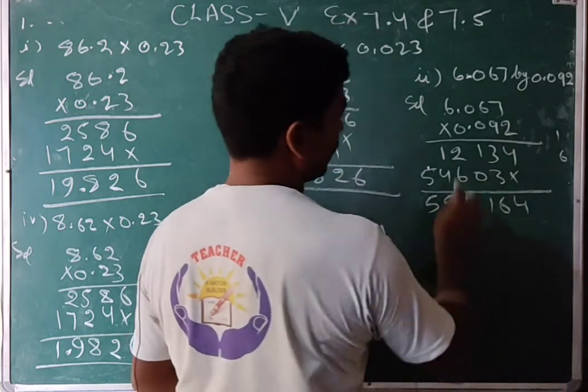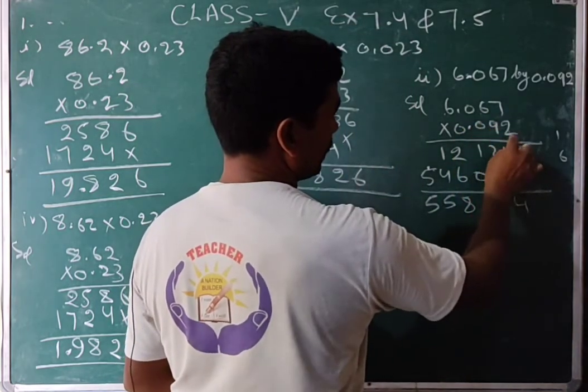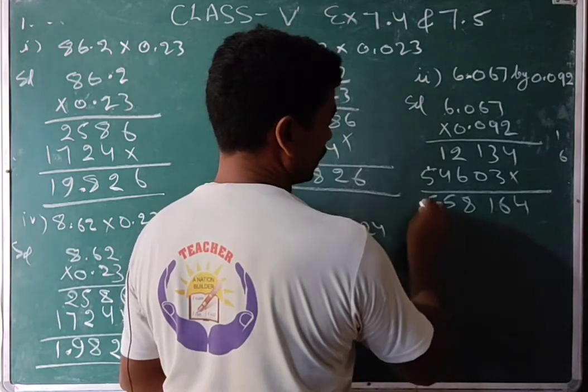Then after the decimal we will count 1 2 3 4 5 6 digits. So that will become here.